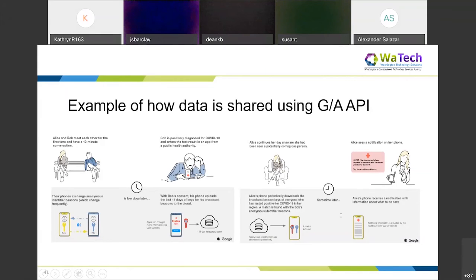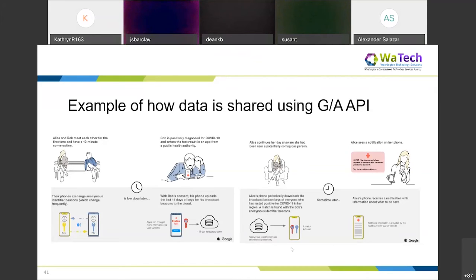And so then Bob has tested positive, and the way I've understood that the apps are going to be working is it's up to Bob himself to then put information into the app to say he has a positive test. And then the app goes through the keys and finds any keys that he may have been exposed to, and then there's a matching that occurs, and then there's a notification that goes to the person that potentially was exposed to somebody that they may not have known they were exposed to.